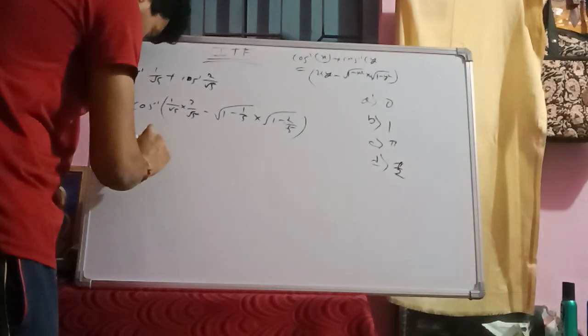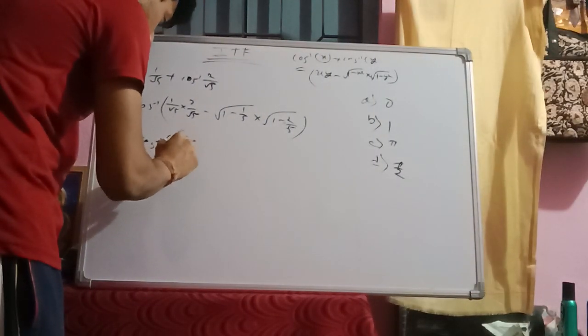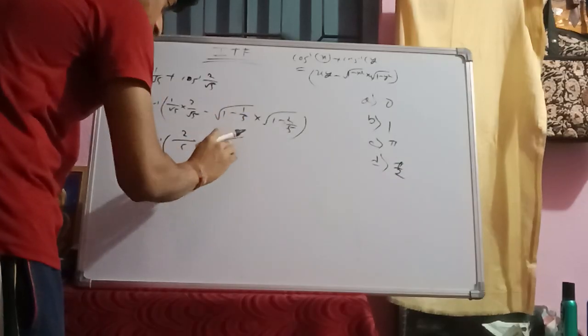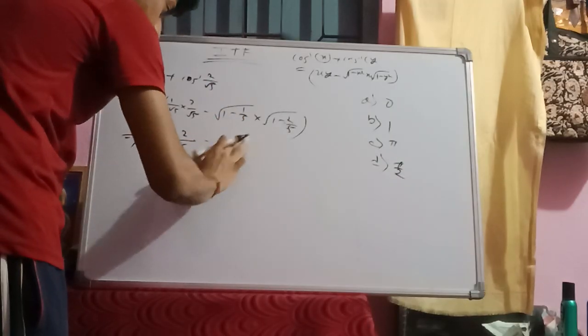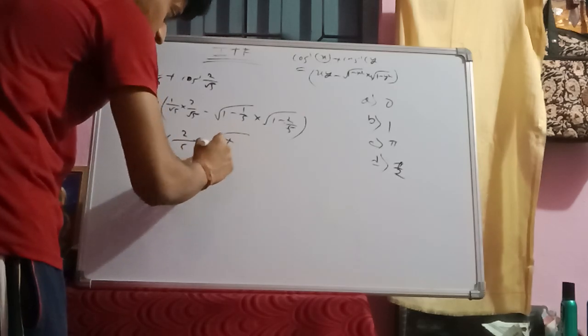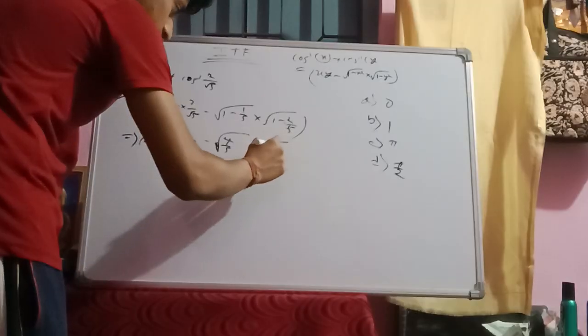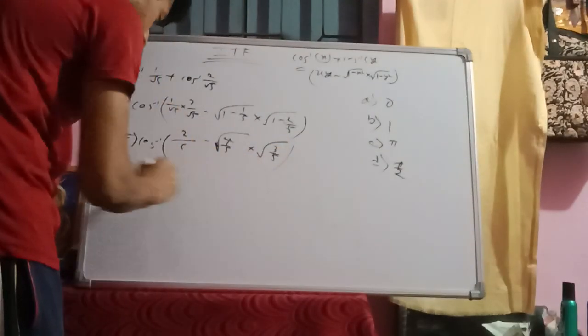Okay, so this would become 2 over 5 minus this is 4 over 5. So I can just actually do it. This is root over 4 over 5 times root over 3 over 5.